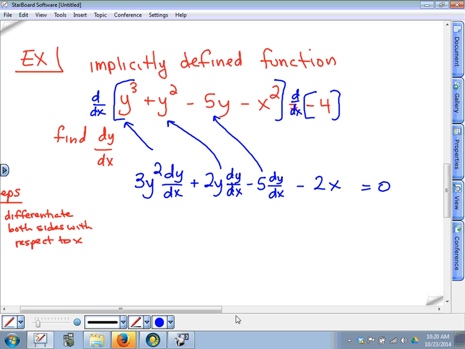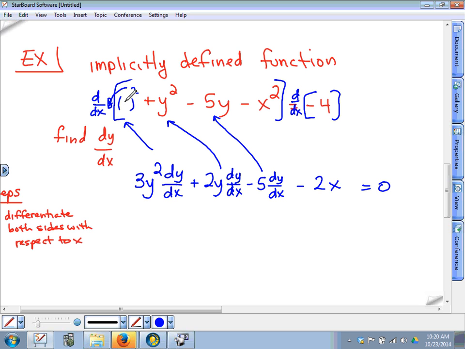Did you have a question, Parker? Why do you put the dy over dx? Because we're taking the derivative of these with respect to x. So this is a chain rule. You have to imagine that y isn't really y. It's like an inner function. So you would drop down the 3 and get 3, and then the power changes to 2, right?